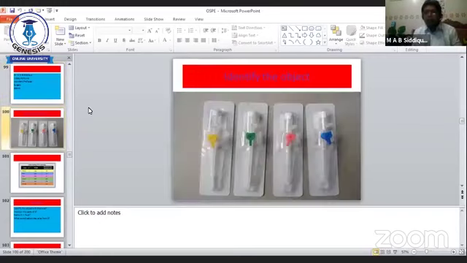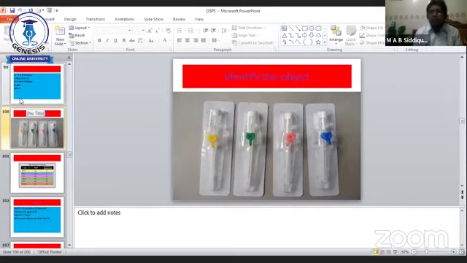So first of all, the slide shows: what is the structure, identify the object. The question may be like that: identify the object. This is an intravenous cannula shown in the slide, and there are four different colors. There is a color code.